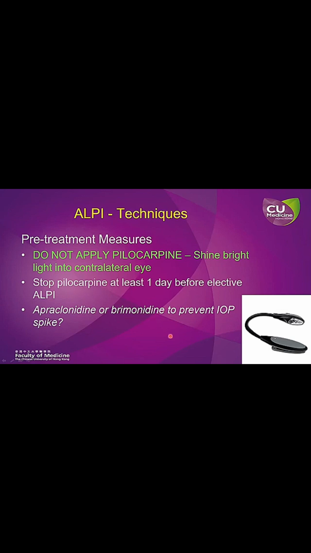Immediately after the laser, I can remove the bright light, allow the pupil to go back into a more physiological state, and so I can immediately reassess the drainage angle for any residual appositional angle closure. Furthermore, you can also consider using apraclonidine or brimonidine to prevent IOP spike. But having said that, IOP spike is actually quite rare after ALPI applications.